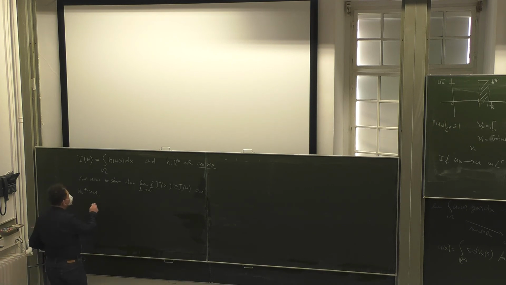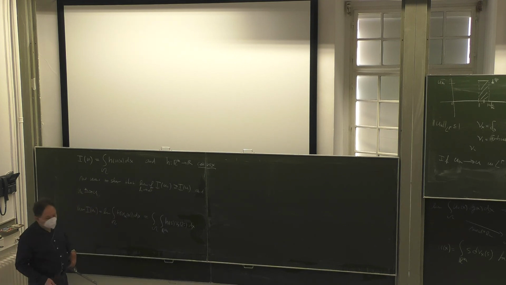So I describe this as the lim of I of u_k, the lim of the integral of h of u_k(x) dx over omega. And this limit can be written as the integral over omega, integral over R^m, of h of s, d mu_x of s, dx.